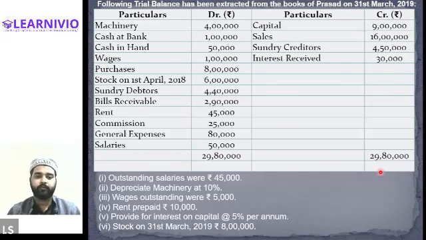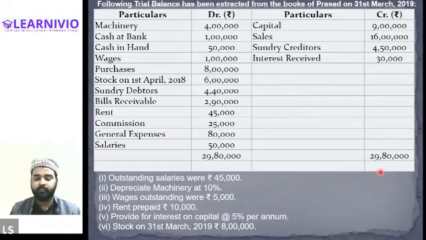Calculate the gross profit. On the credit side of the trading account, the sum total of sales and closing stock is, I think, 16 lakh plus 8 lakh, right? So it will be 24 lakh on the credit side. And from 24 lakh, we will reduce the value of the opening stock, 6 lakh.